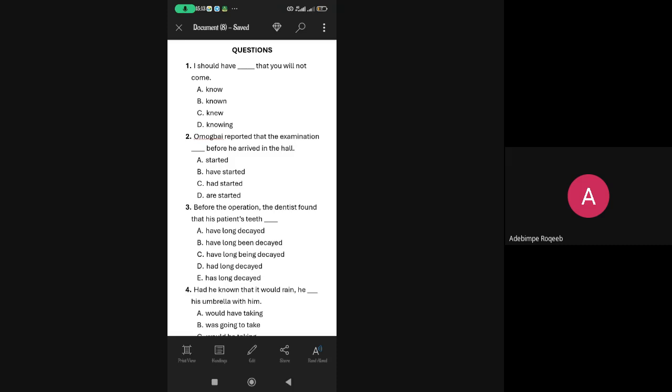Option A, no, is the present or base form, so option A is wrong.